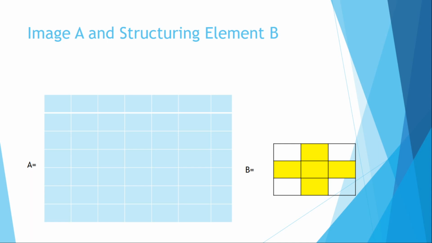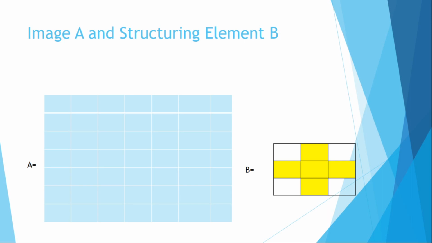The image A I am considering is fully filled cells. Fully filled cells indicate that they belong to the object, and the value is 1. All the cells of image A are fully filled, so all the values belong to the object. For easy understanding, I have taken all the cells as ones in this case.